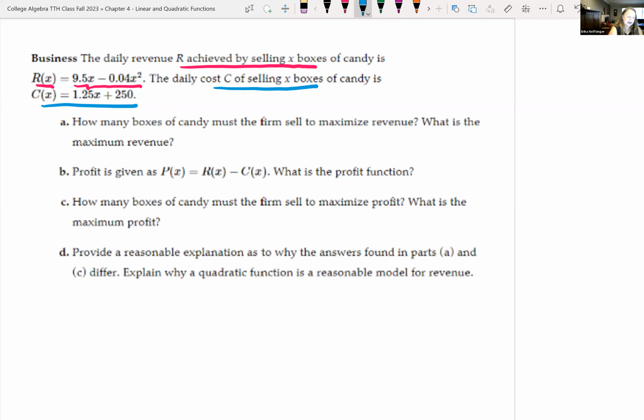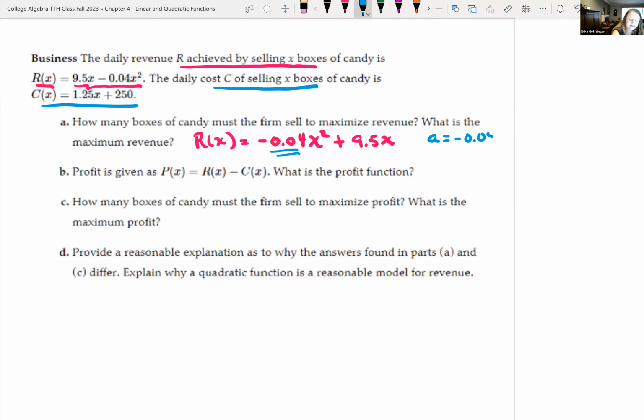So we want to look at R of x, which is, again, let's rewrite it in this order, negative 0.04 x squared plus 9.5x. So I see that my a value in here is negative.